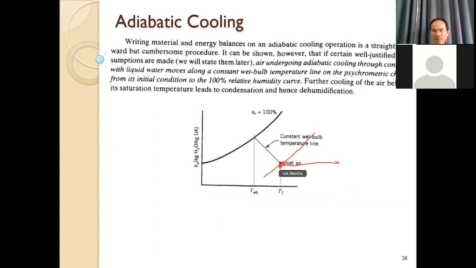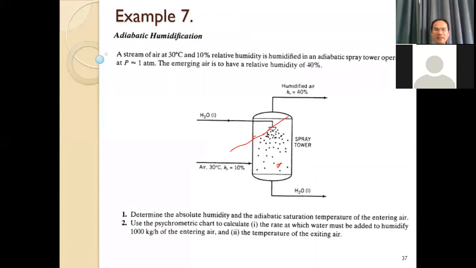Then for the constant wet-bulb line, you follow the enthalpy line to cut at the saturation line, and then you get the wet-bulb temperature. Along this line you can operate the adiabatic cooling. You start from the inlet condition and follow this line to contact the 100% saturation.